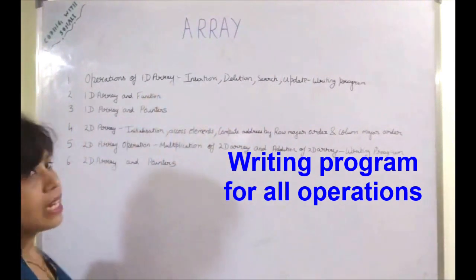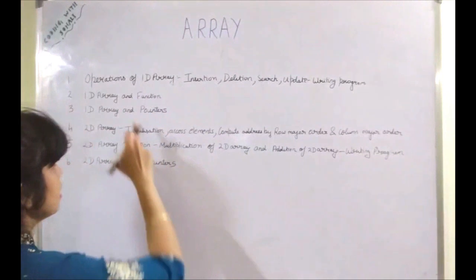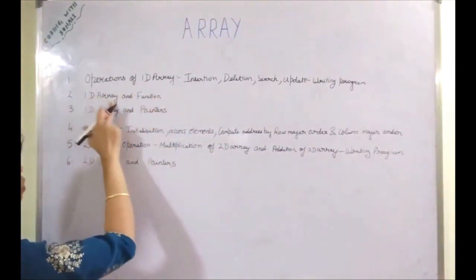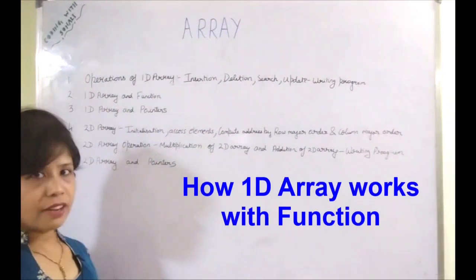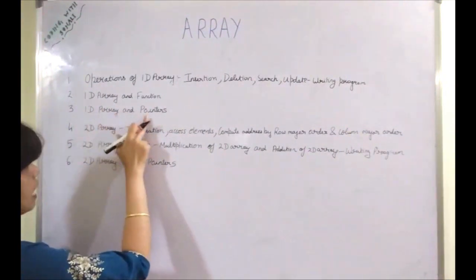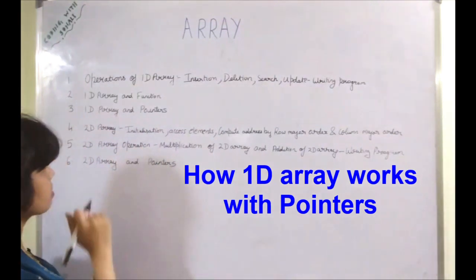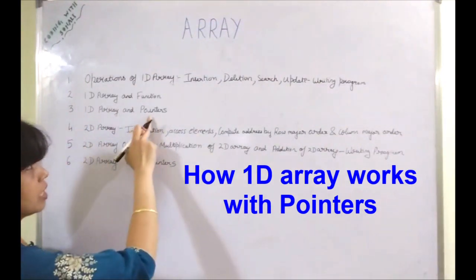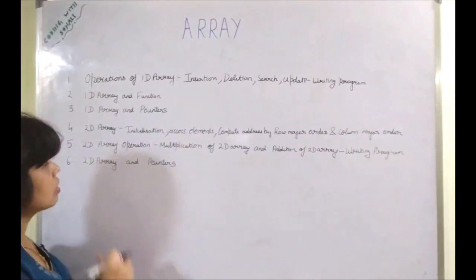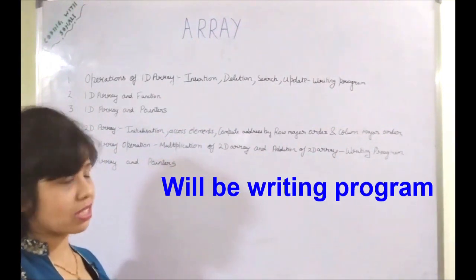All this we will cover in different sessions. In the next session we will cover 1D array and functions, how they work together. Then we will see 1D array and pointers, how they work together, and how to access the 1D array using pointers. We will write the program in C language for the same.